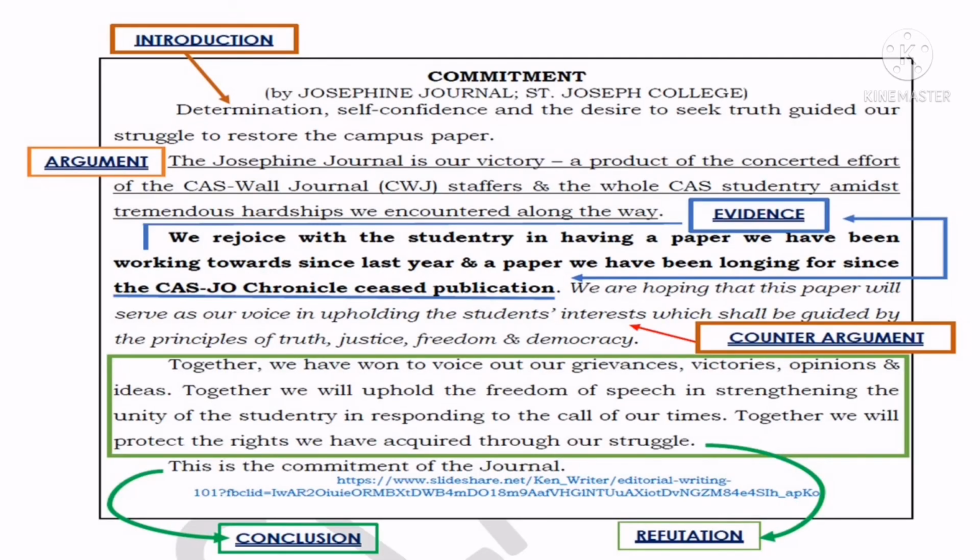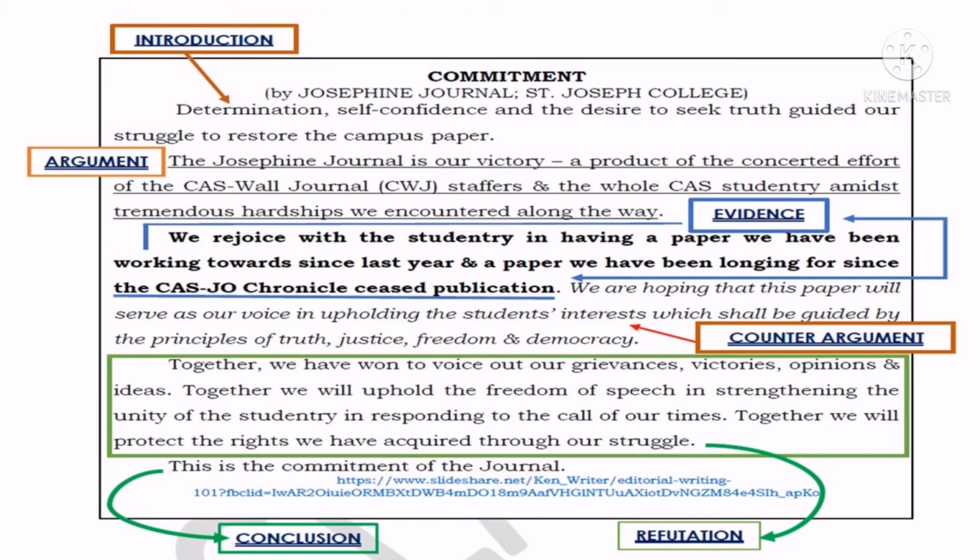Now, let's look at this example. Of course, credit to the owner, the writer. Here we have the introduction on the topmost part. Then we have the argument on the second paragraph. Down to the third paragraph, we have the evidence.